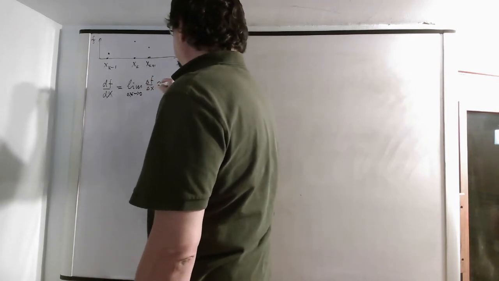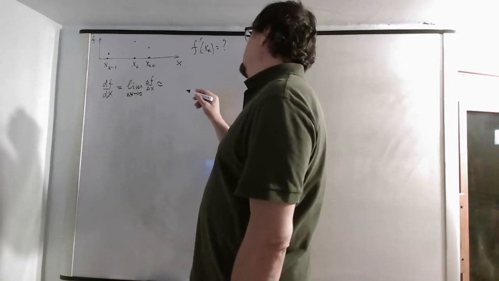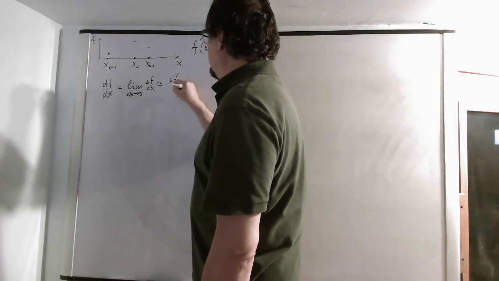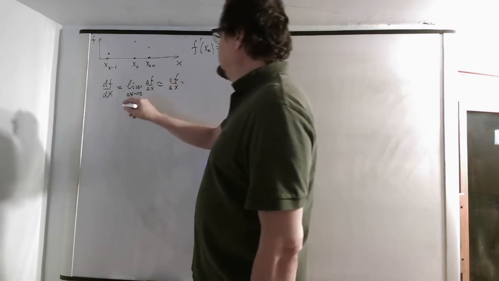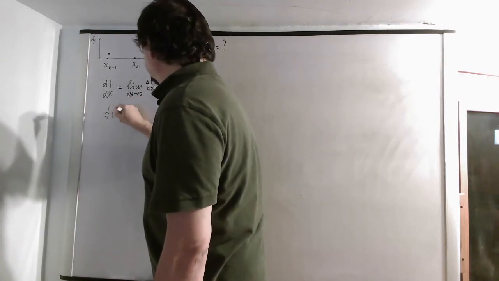So approximately, because we cannot reach this limit in a numerical implementation, we just say it's delta f over some delta x.